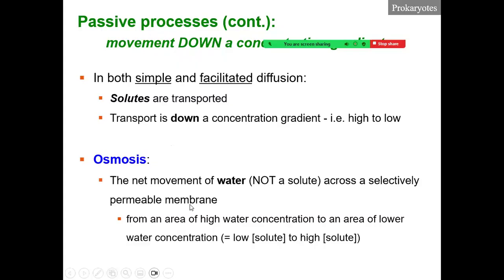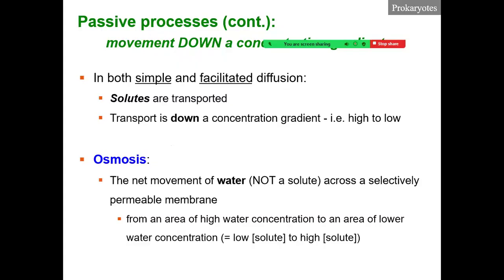Now the water moves across the cell membrane from areas of high concentration to areas of low concentration. However, the solute concentration will be opposite the water concentration, meaning if the water concentration is high outside the cell and lower inside the cell, the water will move inside the cell.